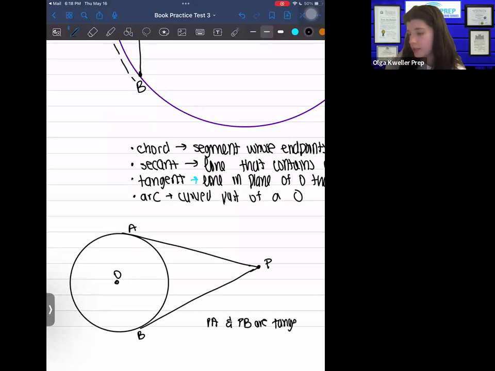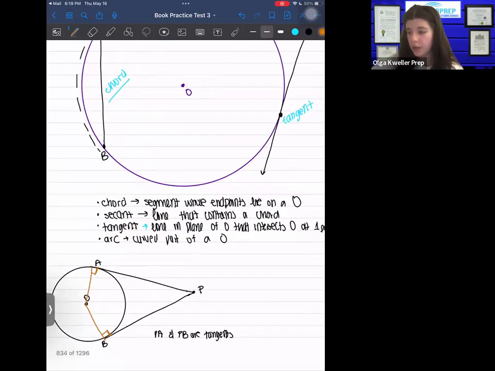What this postulate is saying is at the tangent point, these lines are perpendicular to the radii. So what that means is that this is 90 degrees and this is 90 degrees. Does that make sense? So if a line is tangent to the circle, then the line is perpendicular to the radius at that point of tangency.